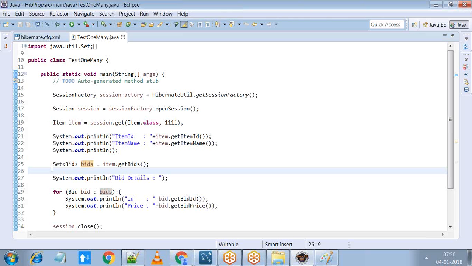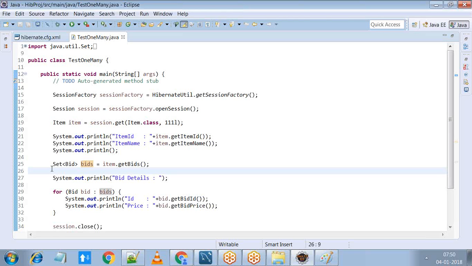Just imagine, for that item object, let's say 10,000 bids have been placed.